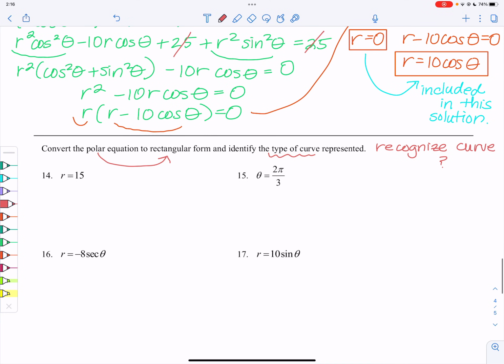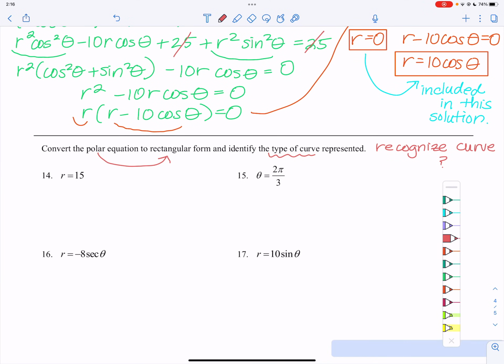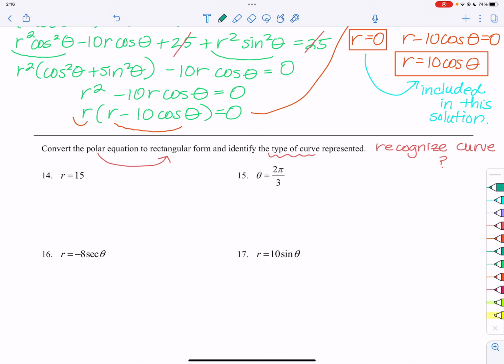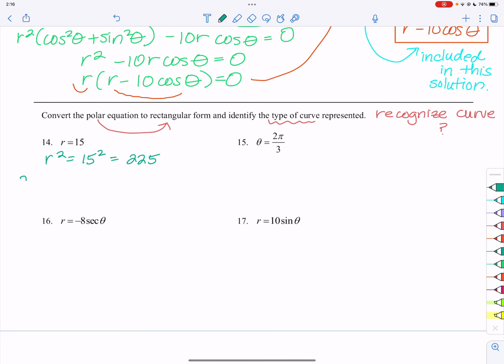Let's see. So r is equal to 15. So we have r² equal to 15², which is equal to 225. So what do we have? x² + y² = 225.